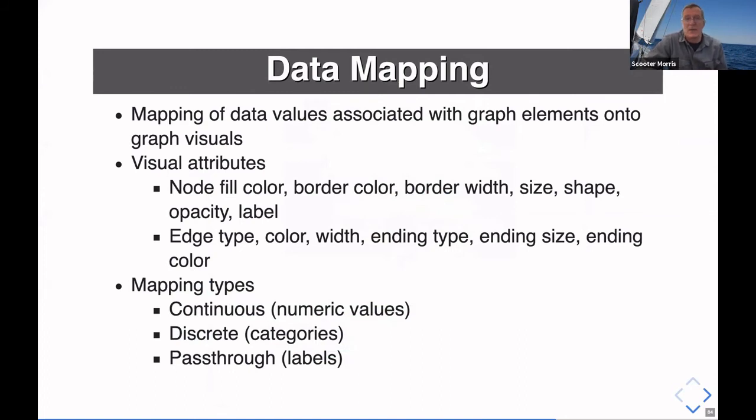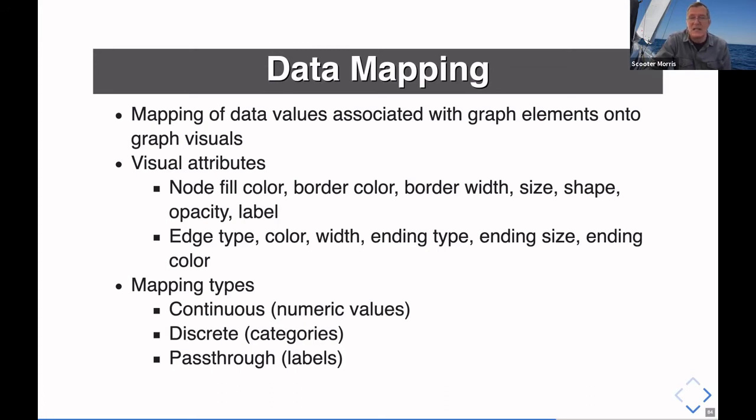So I can take data values and change the node fill color based upon those data values. I can change the border color based upon the data values, the border width, the size, the shape. I can change the opacity. I can change the label depending on what the data is.